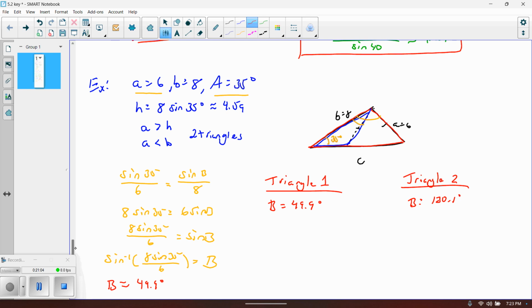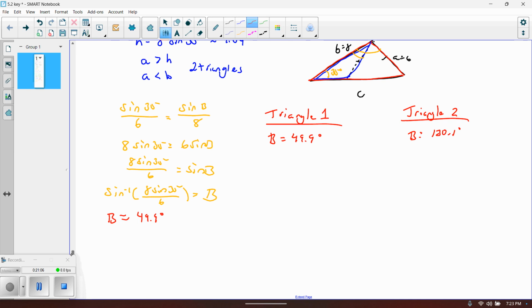Now that we have that, we can use this information to find the C stuff. So from the original B values, if I want to find C, I know that I'm basically going to add the two angles that I know. In the first triangle, it's 49.9 and 35. I'm going to add those together, and then we're going to subtract that from 180.